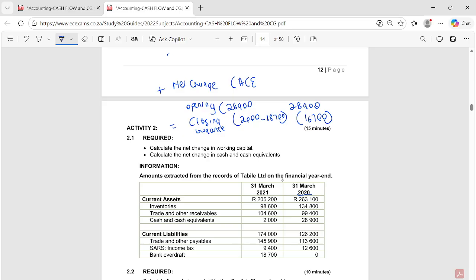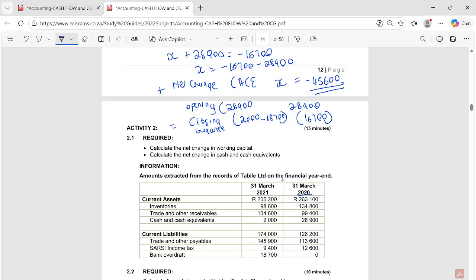So net cash and cash equivalent, which is X, plus 28,900 equals negative 16,700. So X is equal to negative 16,700 minus 28,900. So my change in cash and cash equivalent is negative 45,600.